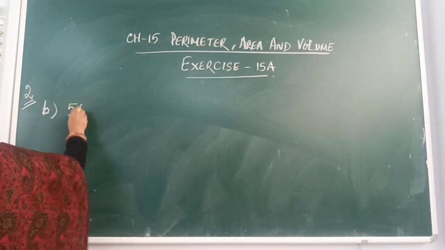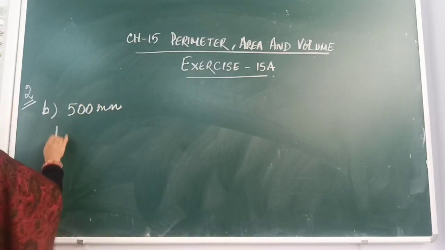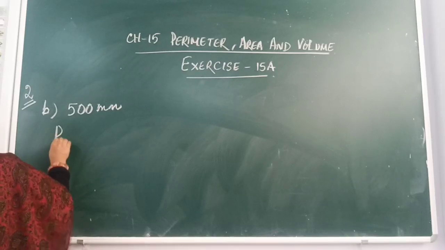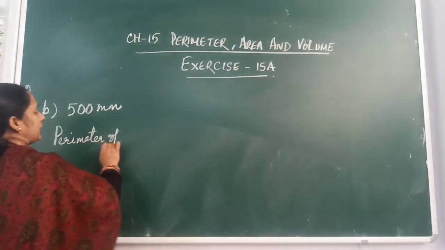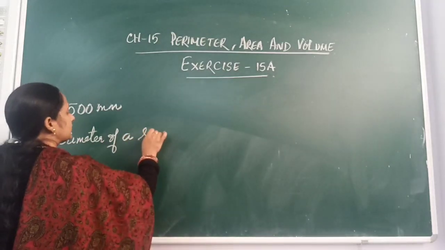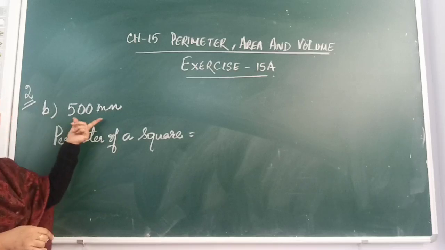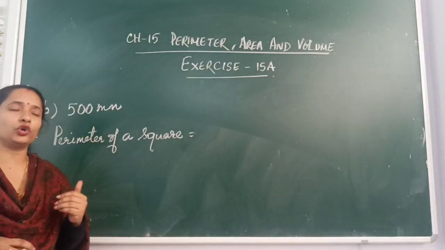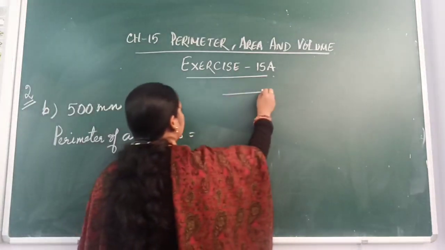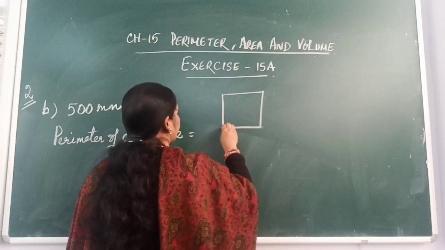In bit B you are given 500 millimeter. Now perimeter of a square. See, while finding the perimeter of a square, here we are given only one length, because we all know a square will have the length of all sides the same, isn't it?